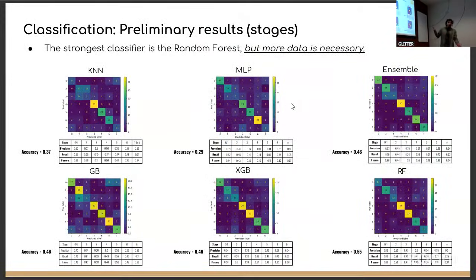But well, finally, we have the current results for all stages as they have been classified by these different methods. As you see, the accuracy numbers are not as nice as we would like, but what has been clearly observed now is that increasing the data goes a long way for improving these numbers.